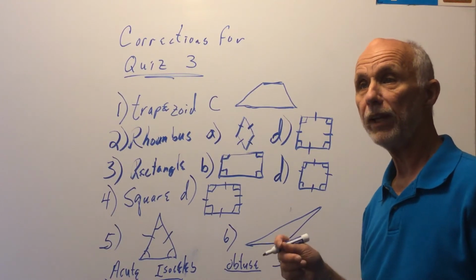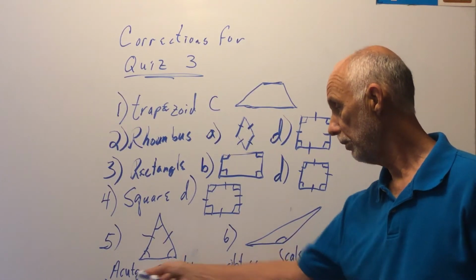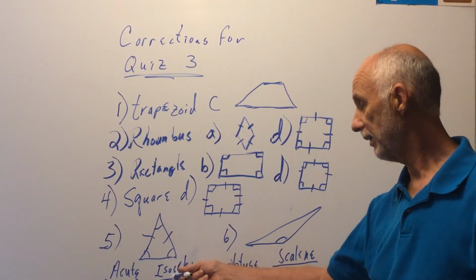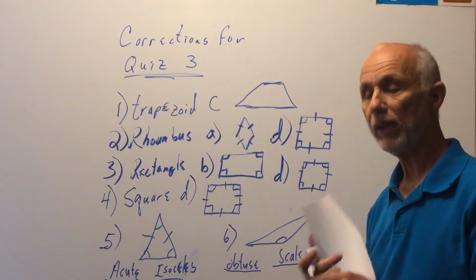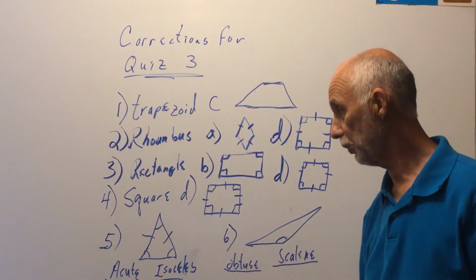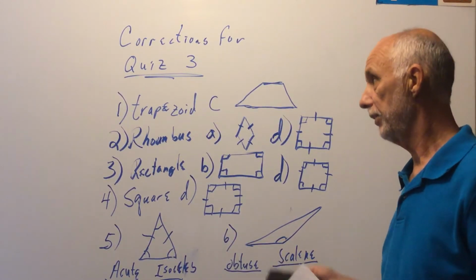So again, whenever you name a triangle, you can name it by angles, acute or obtuse, and we could name it by sides, isosceles and scalene. All right, I did not have a right triangle on here, and again, to be a right triangle, you have to have the L shape. But that was the answers to 5 and 6.